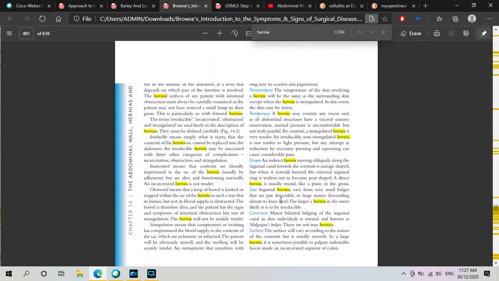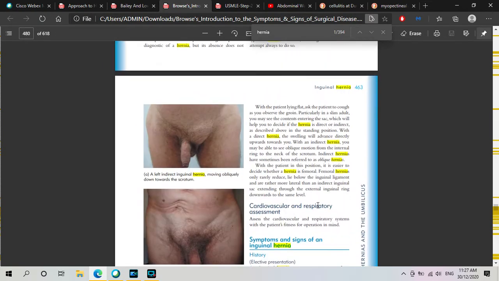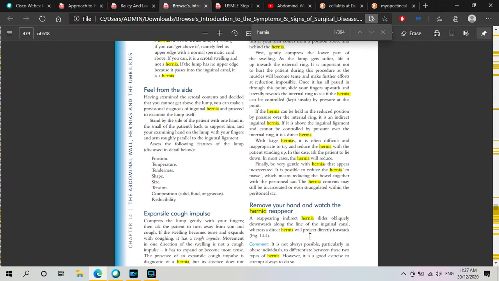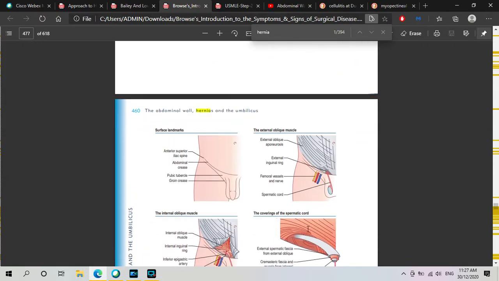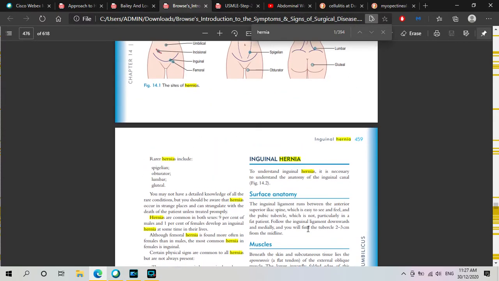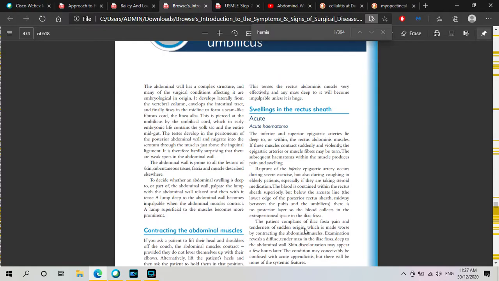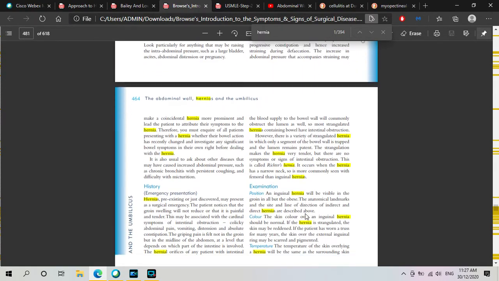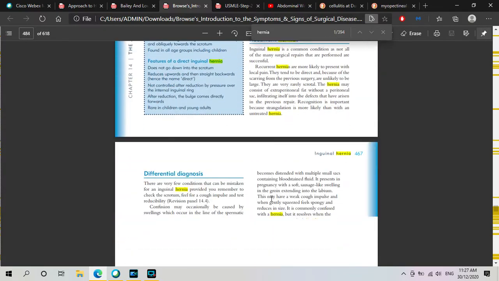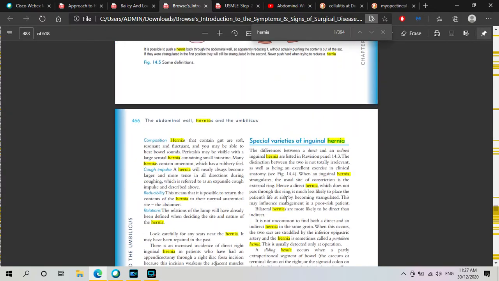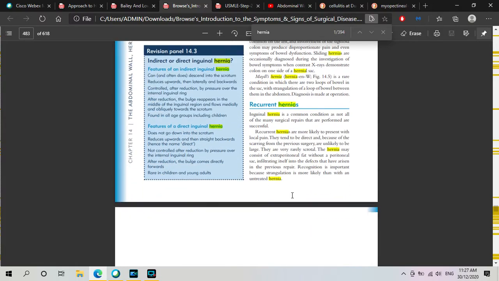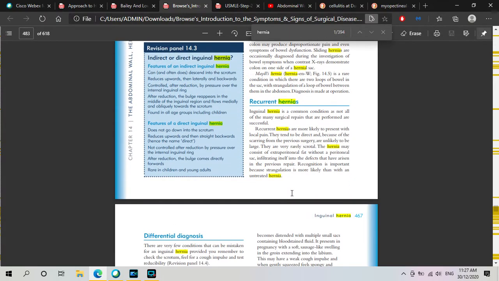Don't do it carelessly, hoping for us to correct everything for you. If I say it's classification, Doctor? What does Bailey and Love say? This is not the time for you to open the book and check whether your presentation is correct. You should be checking it before you present.